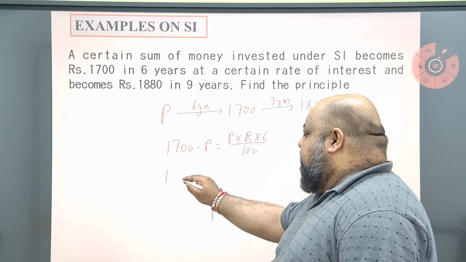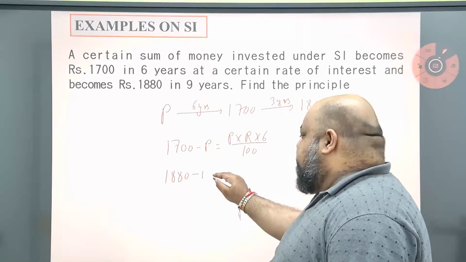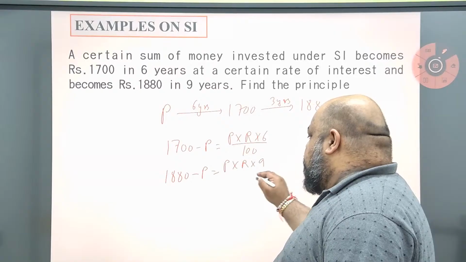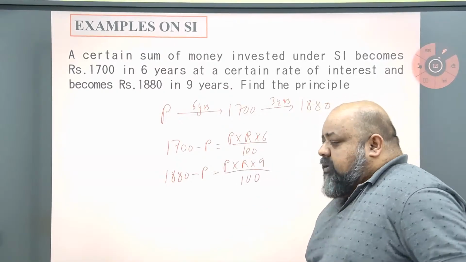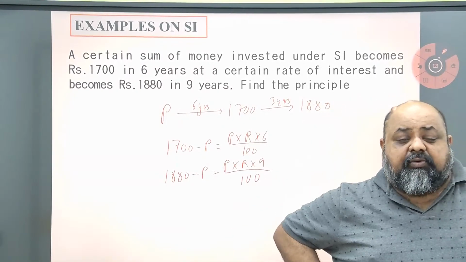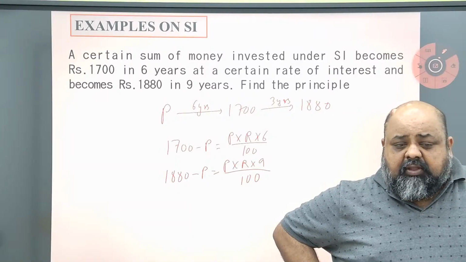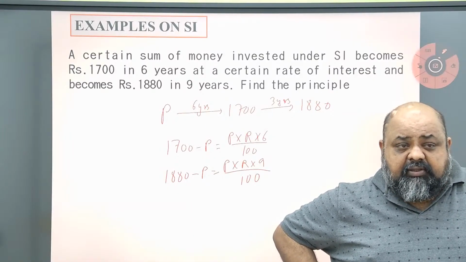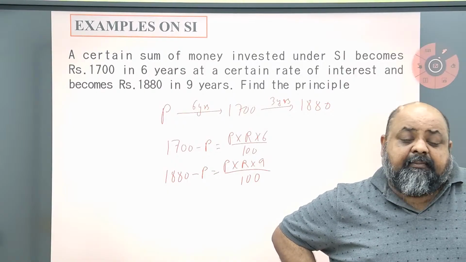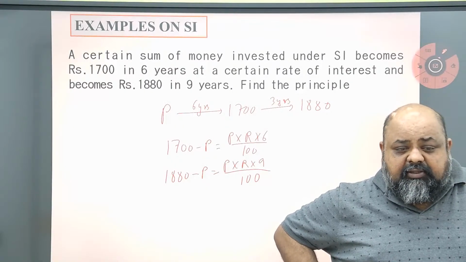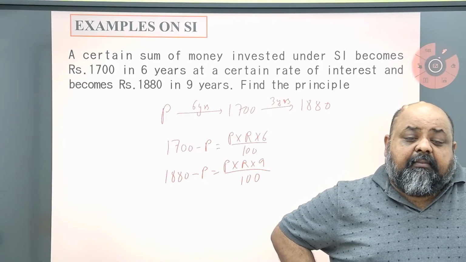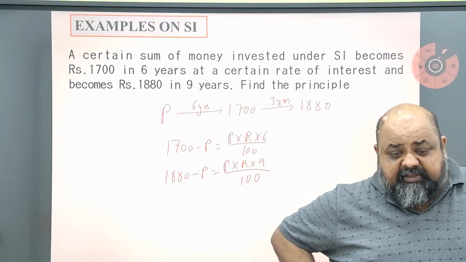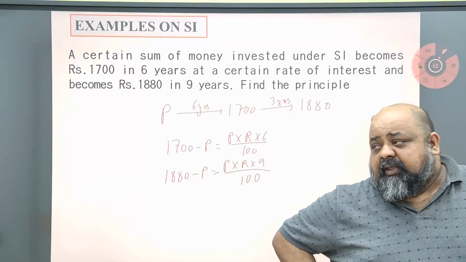In the second case, amount minus principal is principal into rate into time upon 100. Divide the two equations. R will get cancelled out. We will get one equation in P, which we can solve to get the answer. Again, not the most efficient way of solving, but the formula for SI will give you the answer in case of simple interest. How do we actually solve this question?